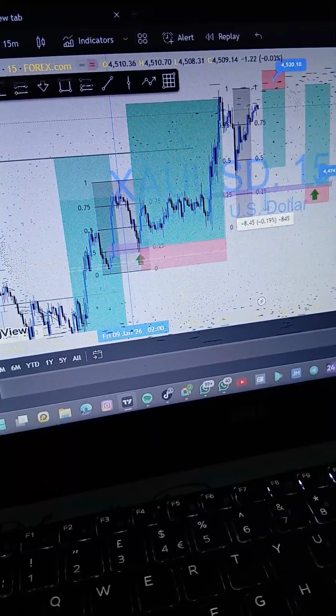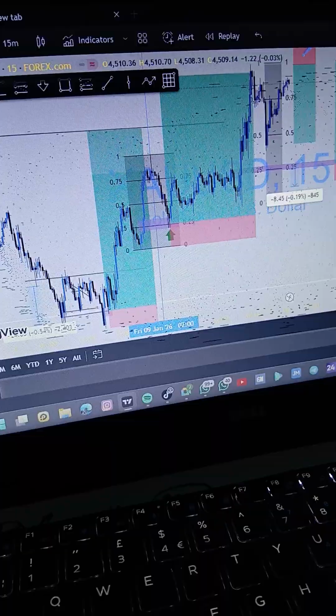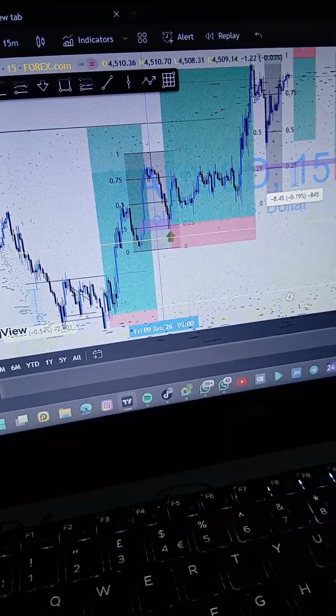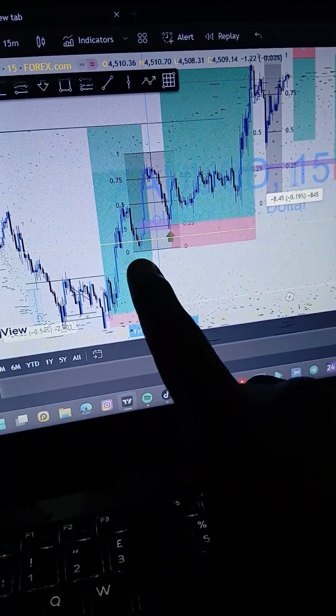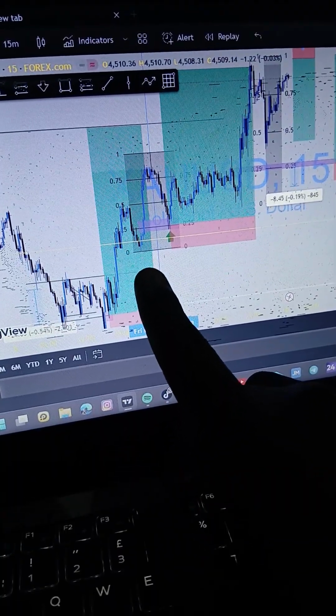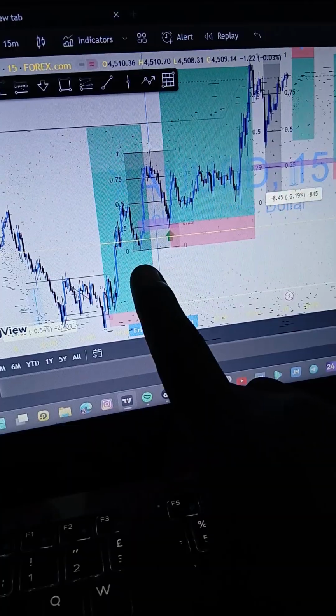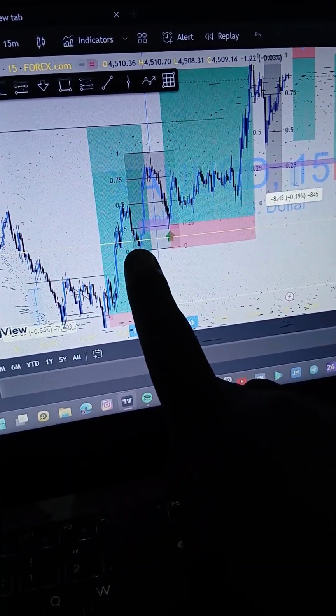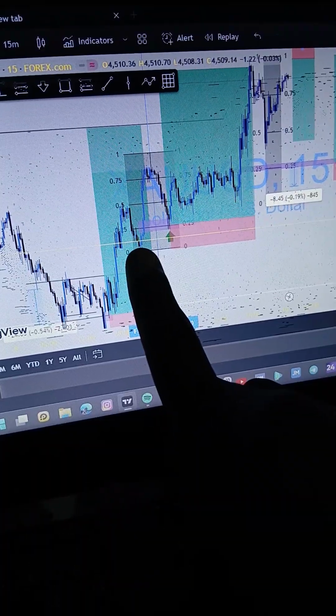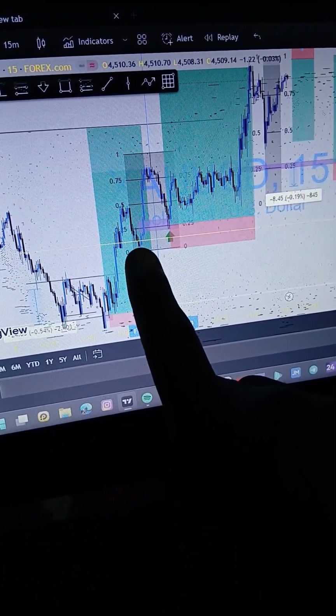Last week Friday, we have the highest point. This was the lowest point price created on the 15 minutes. After price gave us this lowest point on the 15 minutes, I also wanted to look at the highest point.